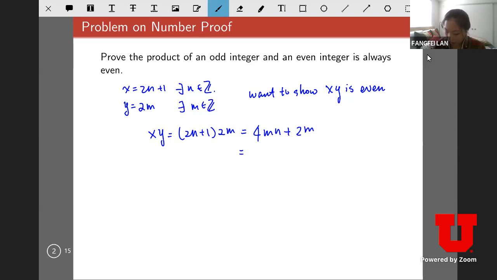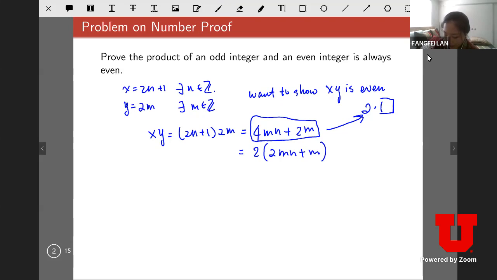And then because we want xy to be even, and the definition of even is 2 times something, we just want to take a 2 out here. So we want this expression to look like that. We take a 2 out and we get 2mn plus m.